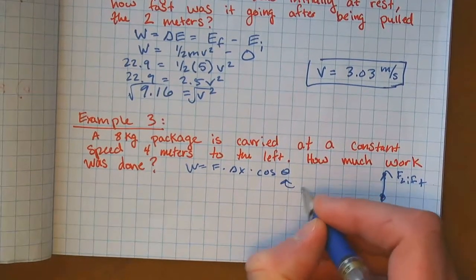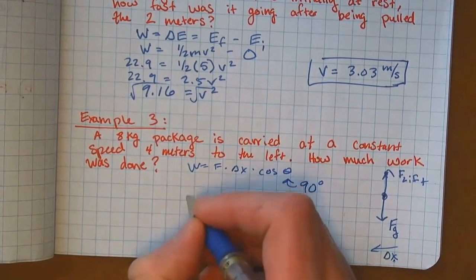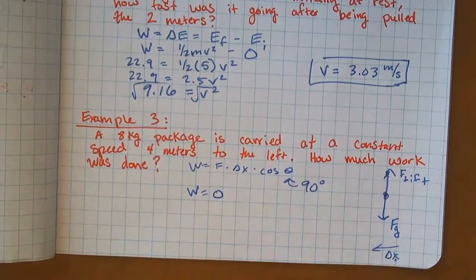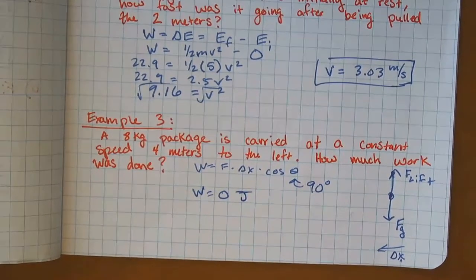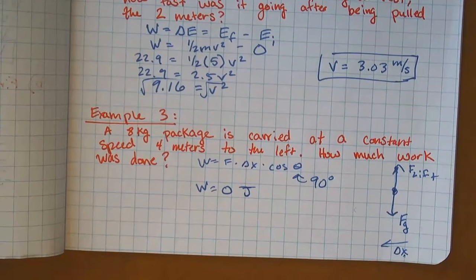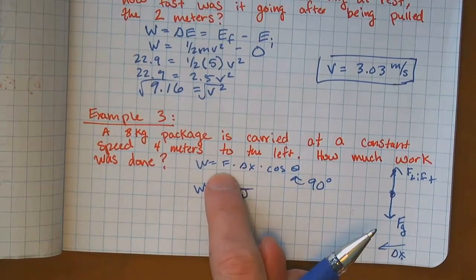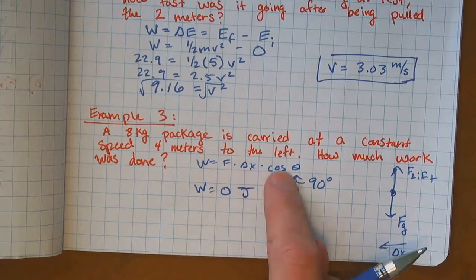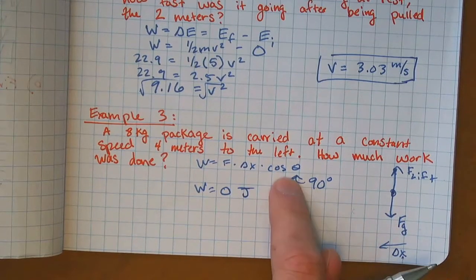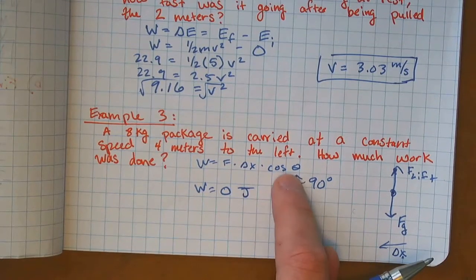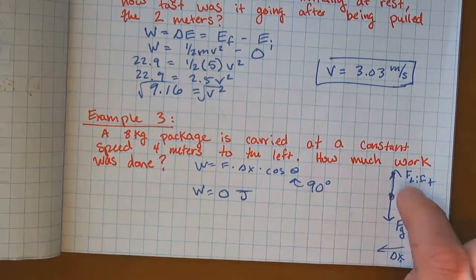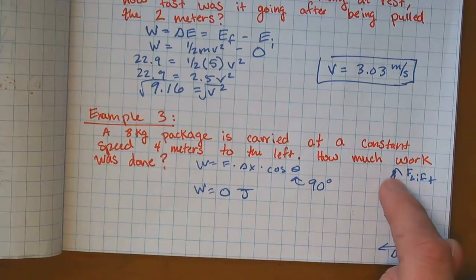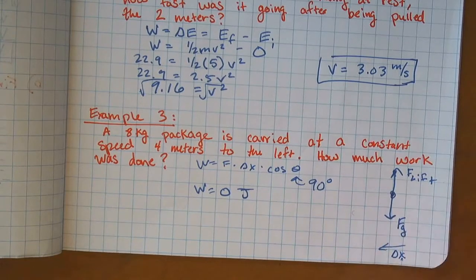Well, theta is 90 degrees, so the work would be 0 because cosine of theta is 0. It doesn't really matter what the force is or delta X is. The cosine of 90 degrees is 0, so 0 times whatever that is is going to give you 0. Also, neither one of these forces is assisting in moving the object delta X.